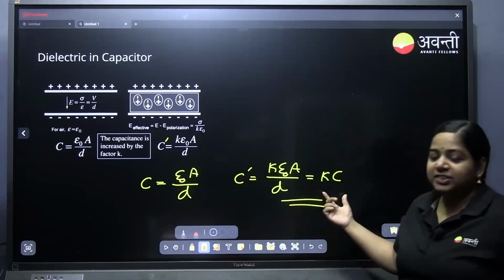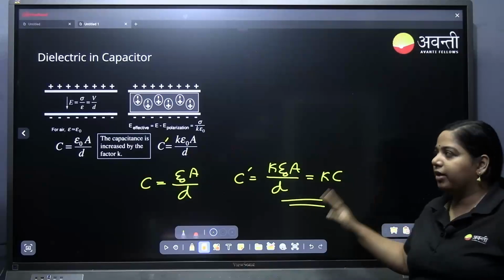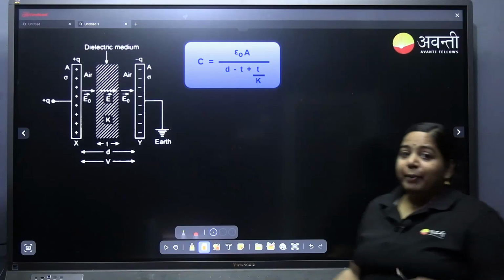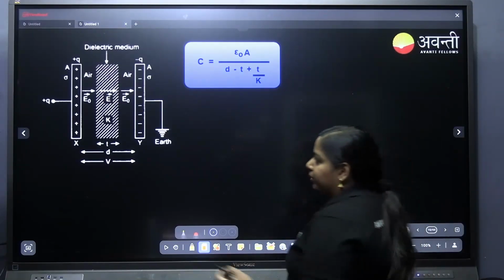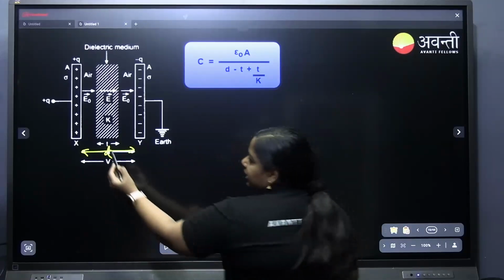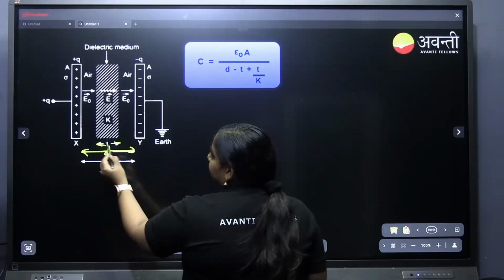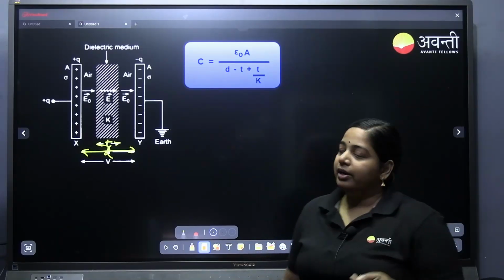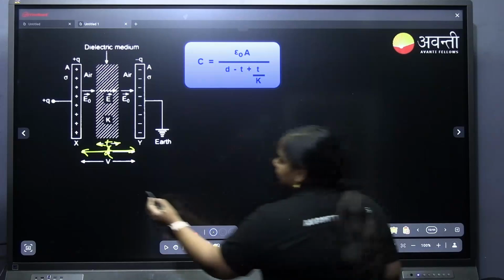Okay, so capacitance will increase by K when we insert a dielectric. Now, if you are seeing a partially filled dielectric, the total distance between the two plates is D, and the thickness of the dielectric is just T. In that case, how will the total capacitance change?